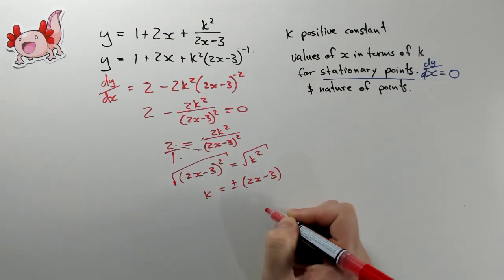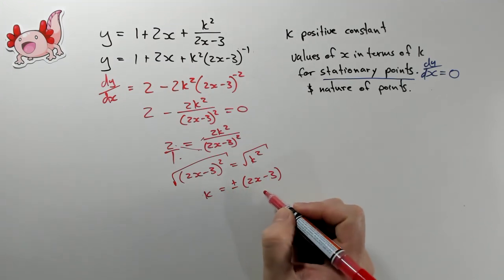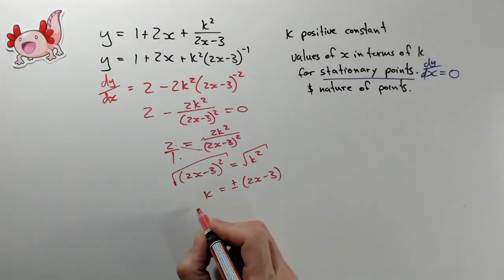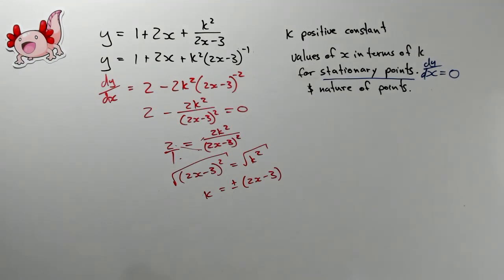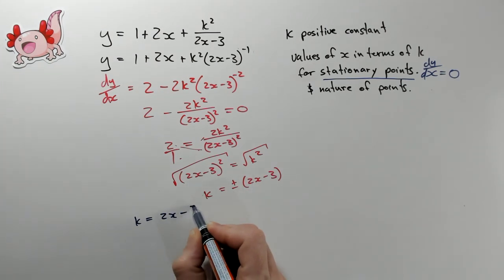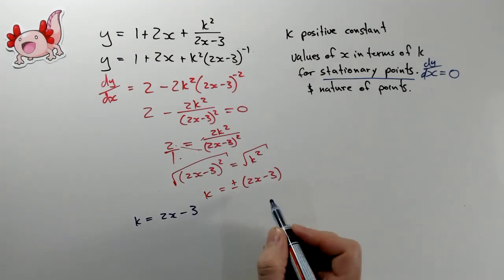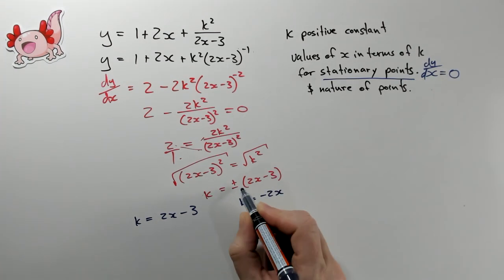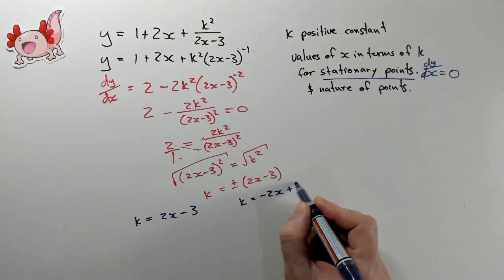2x minus 3. Now I have two options, which makes sense because they said stationary points. So on the one side I can have k is equal to the plus, 2x minus 3. We'll quickly finish this one up. Well, let's just write the other option. We have k is equal to negative 2x, and then negative times negative is plus 3.